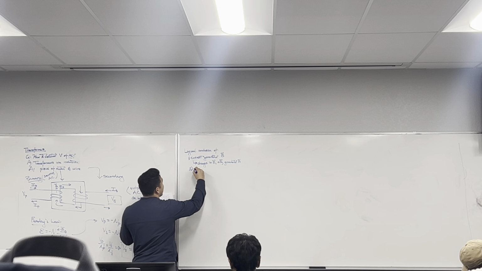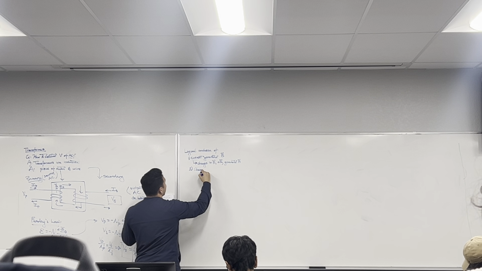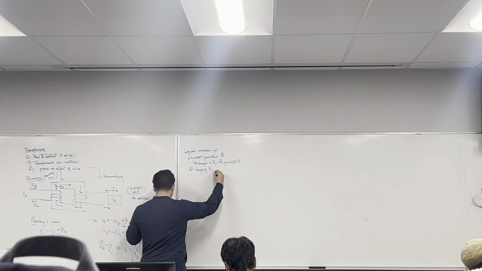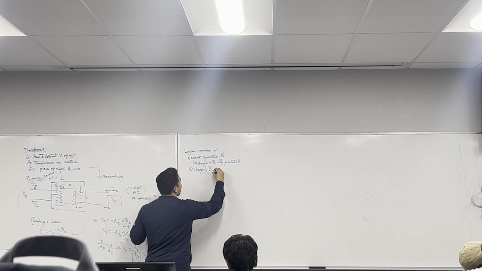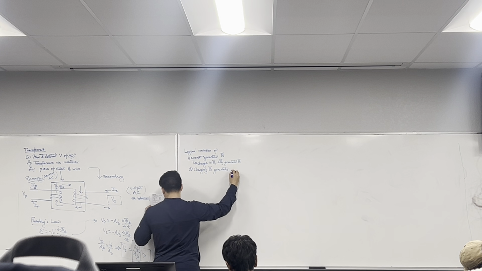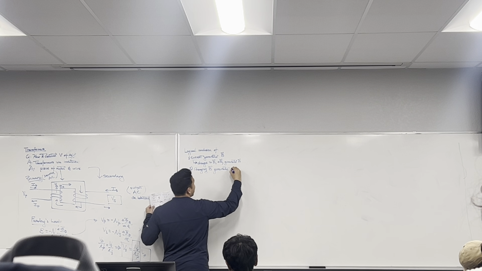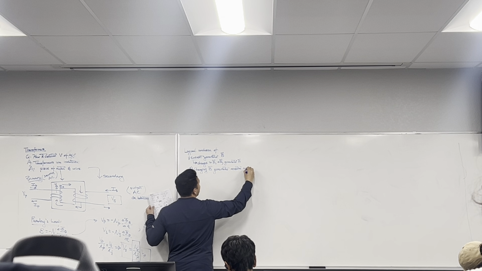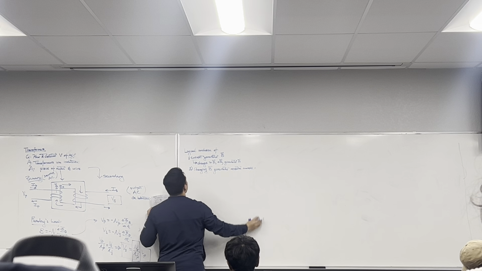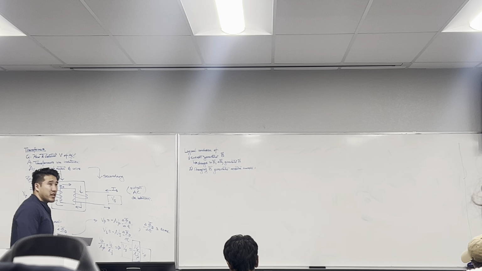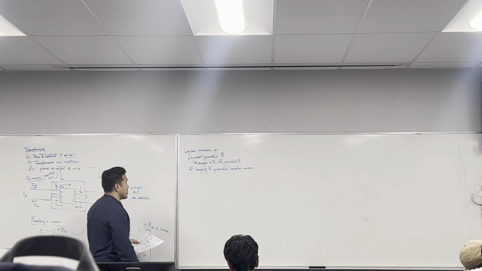Second, a changing B generates a resistive current. A changing B generates a resistive current.